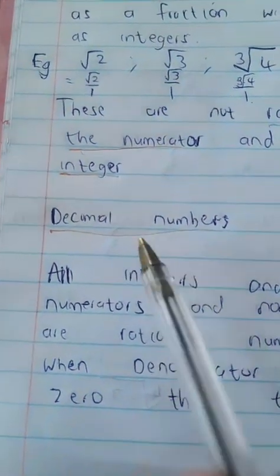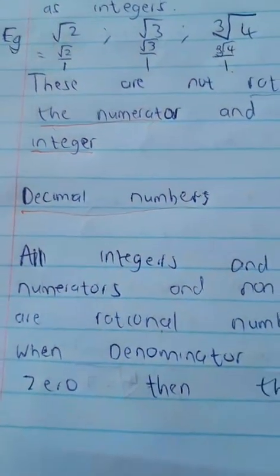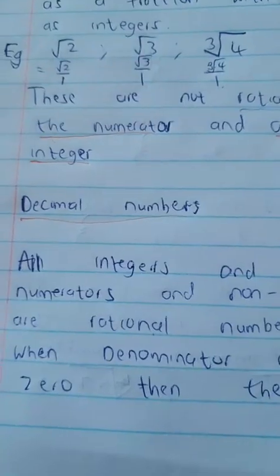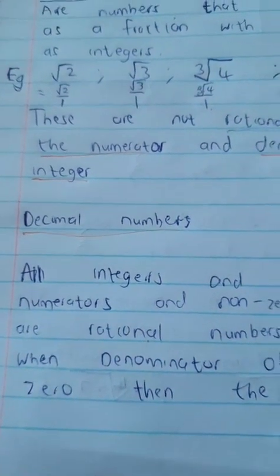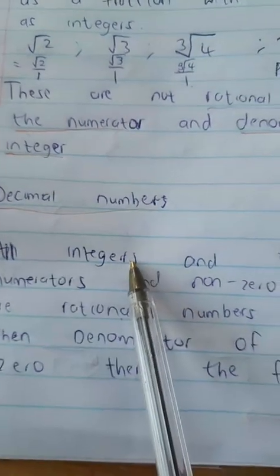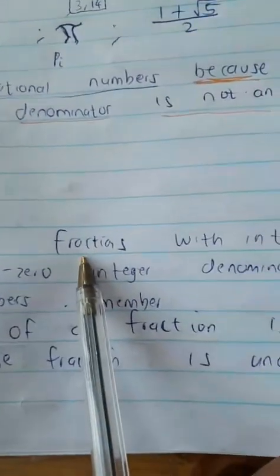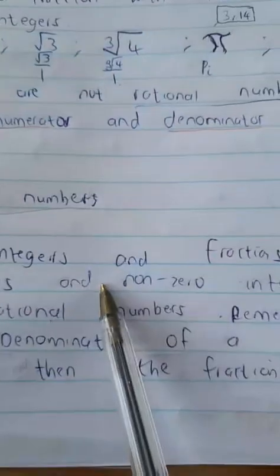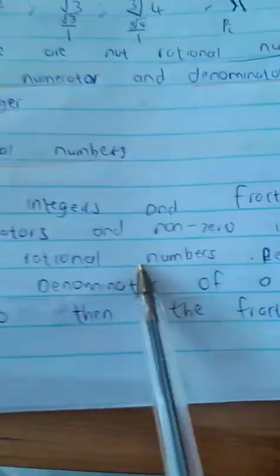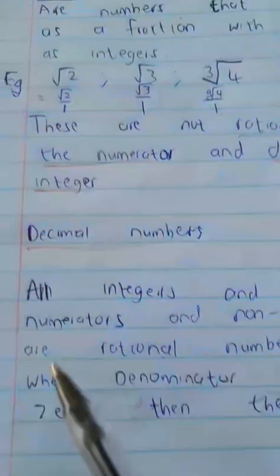Decimal numbers. I hope you know what decimal numbers are. You did decimal numbers in grade 9, grade 8, and grade 7, so by now you should be well equipped with what decimals are. Now, all integers and fractions with integer numerators and non-zero integer denominators are rational numbers. I'm going to repeat this.